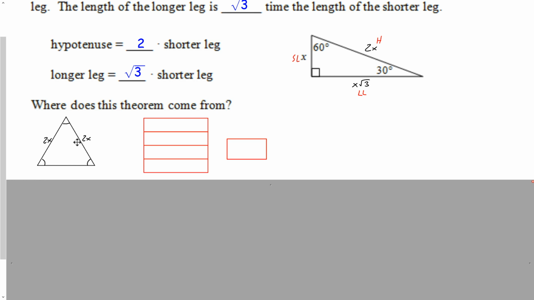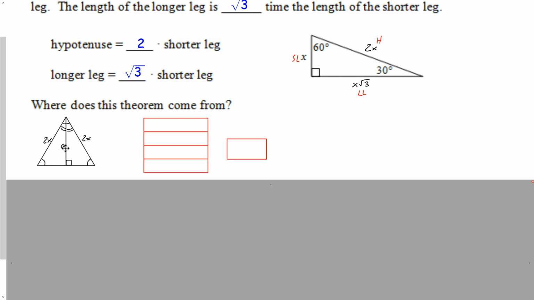What I also want to do, in order to get that 30, 60, 90 triangle, I need to draw in an altitude. So now we have to remember, because an equilateral triangle is also an isosceles triangle, when you have an altitude of an isosceles triangle, it is the angle bisector of the vertex. So here I have the angles being bisected up top.